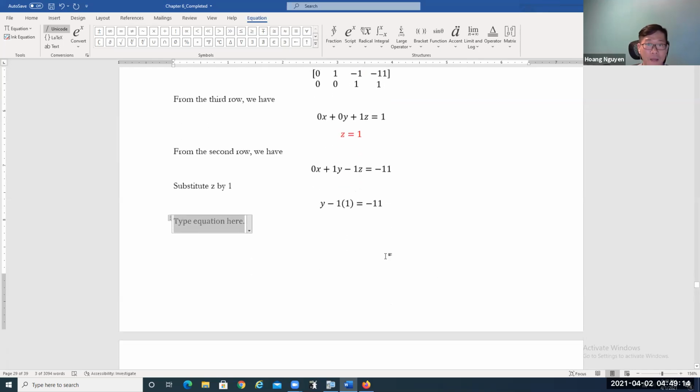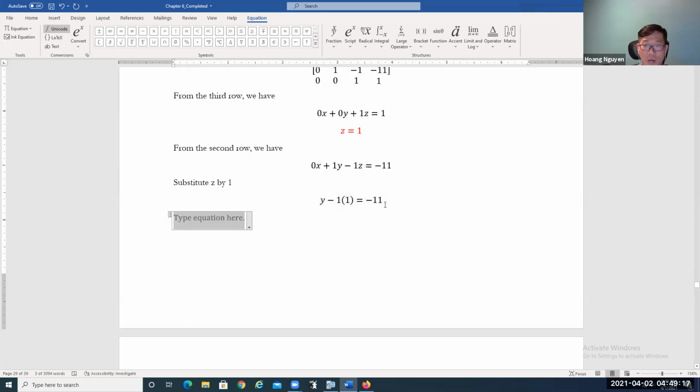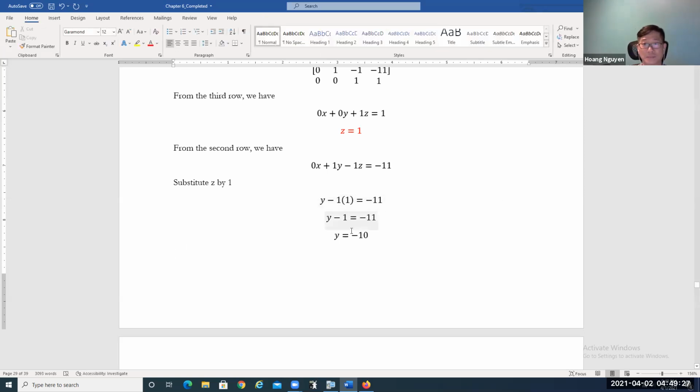So we get y minus 1 equals negative 11. Then we add 1 to both sides, so we have y equal to negative 10. So we have the solution for the second variable, which is y.